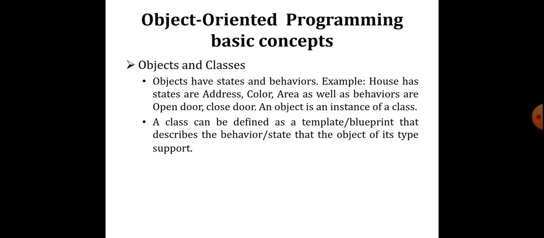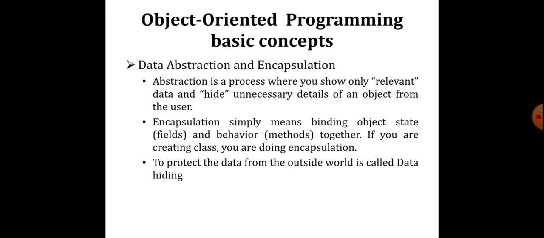A class can be defined as a template or blueprint that describes the behaviors and state of an object, and it supports the types. Data abstraction is a process where you show only relevant data and hide unnecessary details of an object from the user.